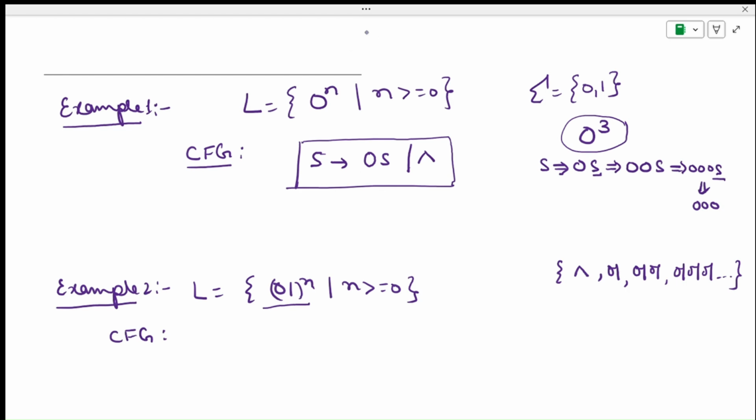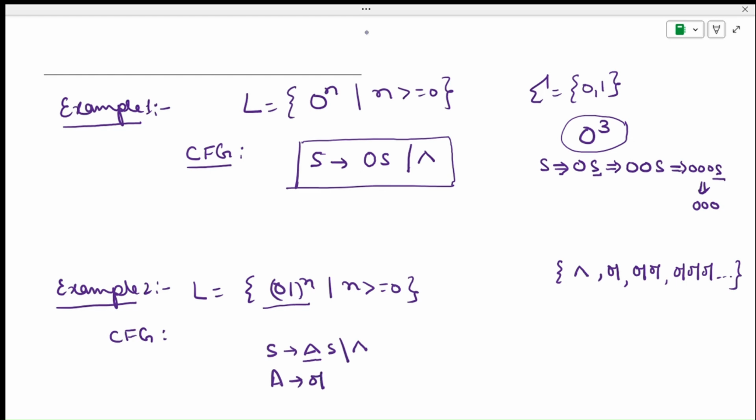It will be like (01) raised to the power n. What I will do here is take a variable A and write S as AS, and this S can be replaced by null because the smallest possible string is null. And A is nothing else but 01.